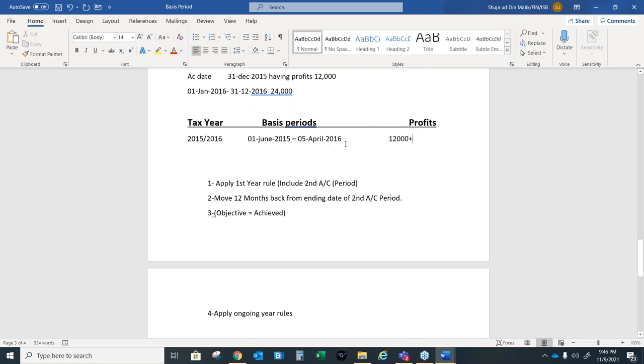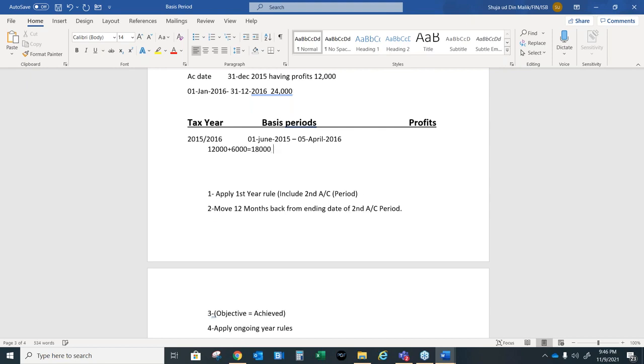So January, February, March, we will be taking from the second accounting period. Okay, 24,000 is the profit for the 12 months. What we will be doing is dividing it by 12. Per month profits will be 2,000, and we have taken 3 months here, so the total will be 6,000.